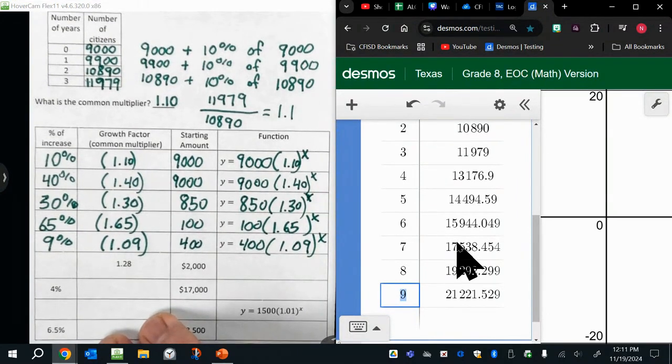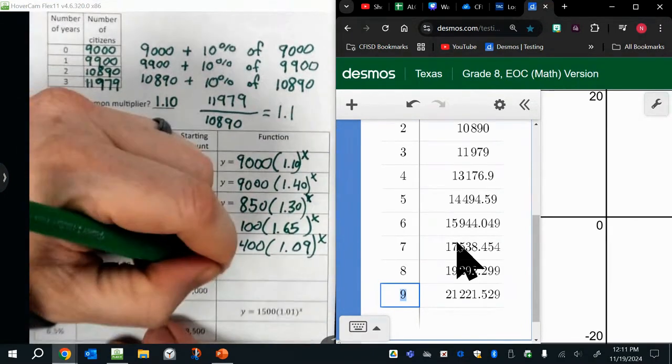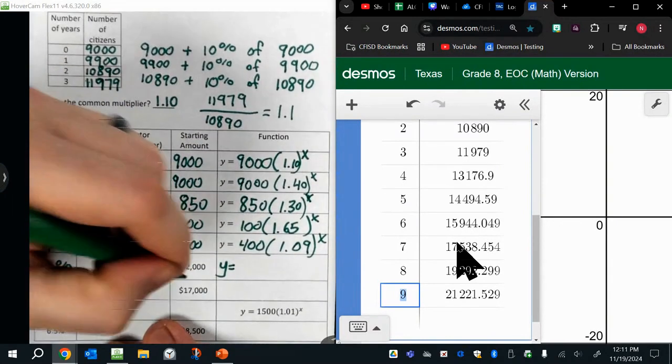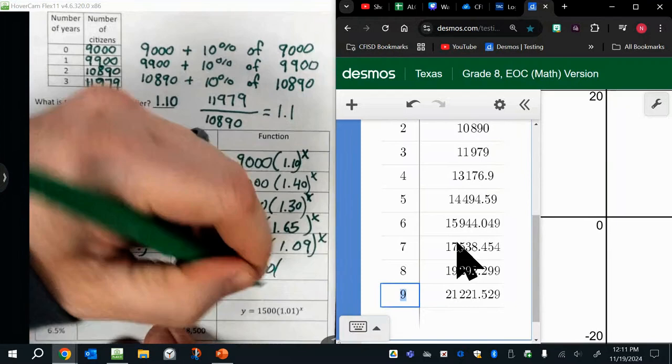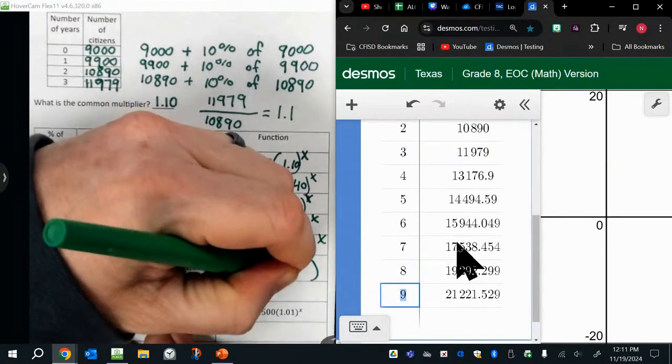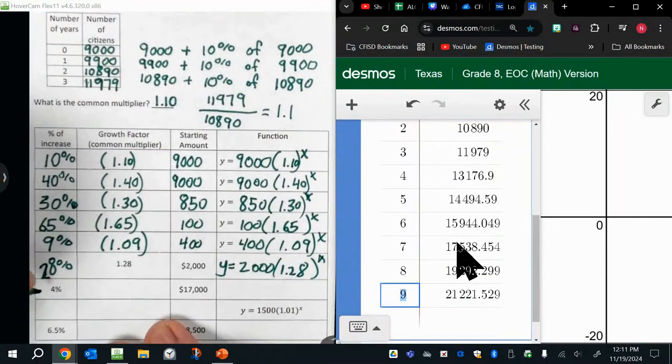Okay. What if this was 10%? I'm just making something up. What would be the equation? Y equals, we start at our 2,000. My multiplier is 1.28. Well, then what does my percent have to be? It can't be 10%. I can't just make that up. No, it would have to be, well, that says 28, so this is actually going to be 28%. 4%.